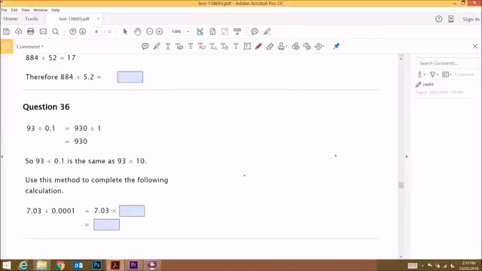In question 6, it's asking us 93 divided by 0.1 equals 930 divided by 1 equals 930. So 93 divided by 0.1 is the same as multiplying 93 by 10. You can use this method to complete the following calculation. So all it's done is multiply its original number by whatever tenth it is. In this instance, it is a 10, so it multiplies it by 10.